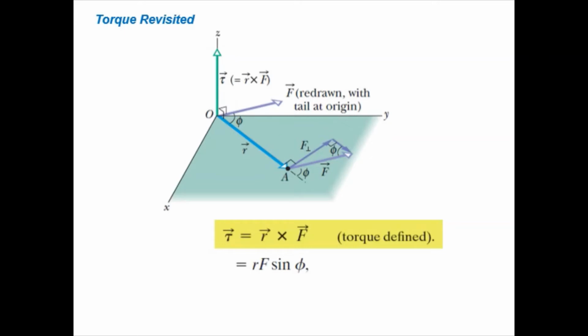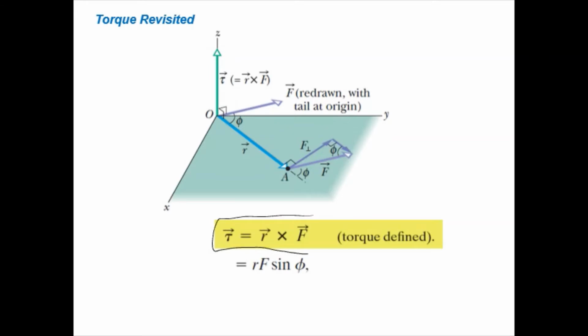Now here we're revisiting the idea of torque, because when we talked about torque before, we looked at it from a very practical standpoint and did not get very mathematical with it. Torque is a vector, however, and it follows, again, a right-hand type rule. One of the ways we can write torque is as shown in this equation boxed in yellow.